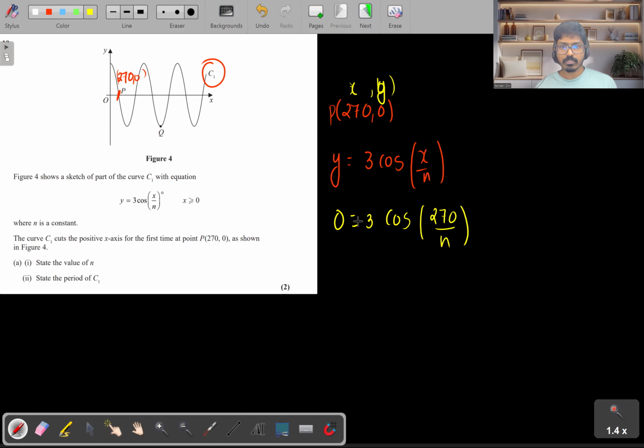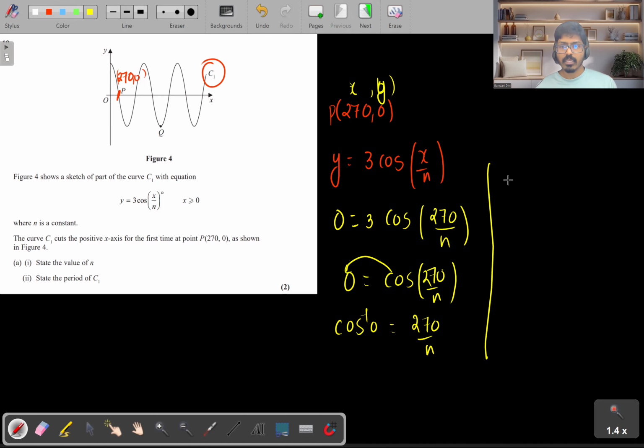So we can write down 0 equals cos(270/n), and then if you move the cos over, it becomes cos inverse of 0, which is equal to 270 over n. We know cos inverse of 0 is 90 degrees.